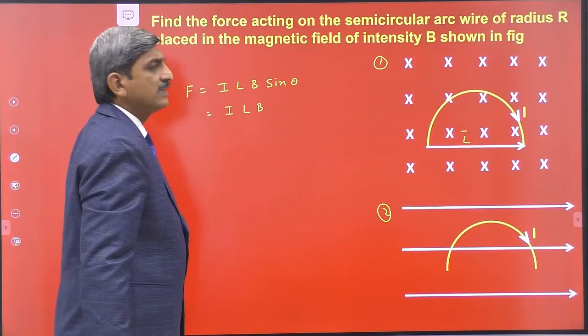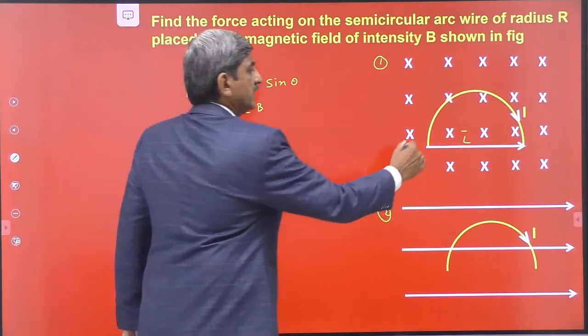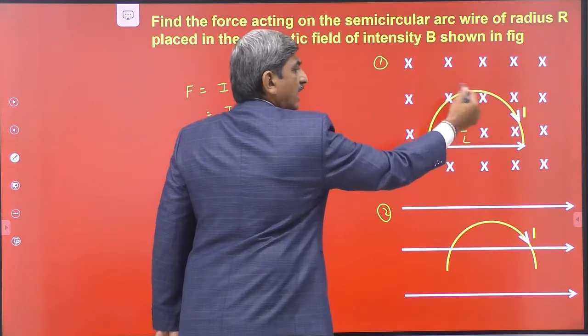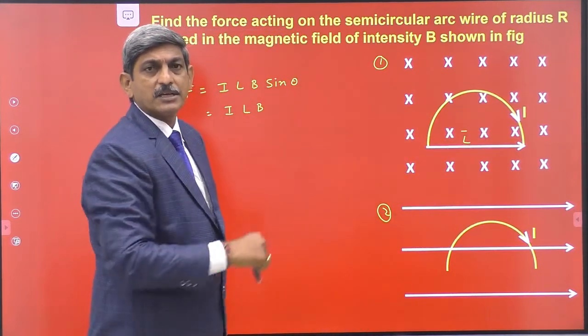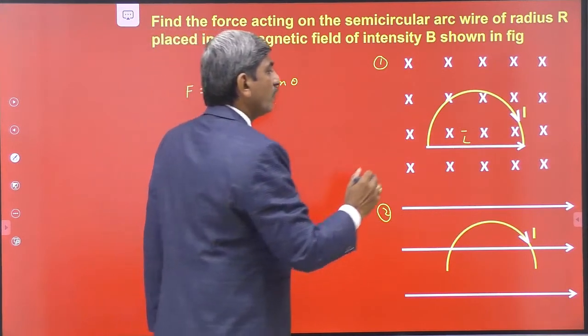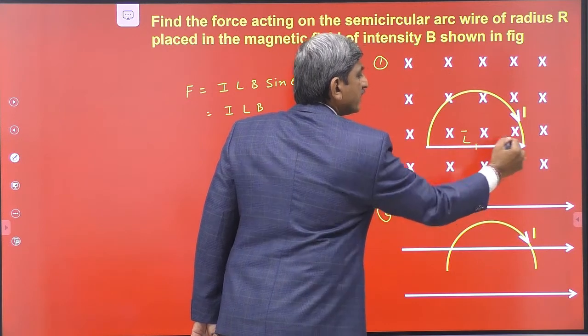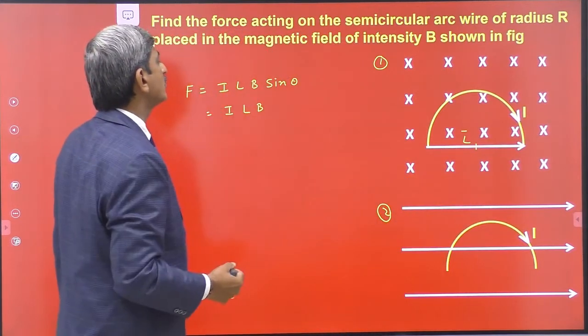Here, what is L? L is the length of the wire. In this case, what is the length of the wire? Is it equal to the length of the entire semicircular wire? No. The length of the wire here means only the magnitude of the length vector, which is nothing but the diameter of the semicircular wire, which is equal to 2R.